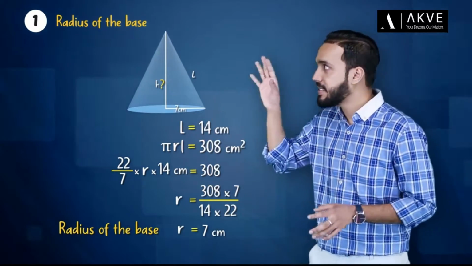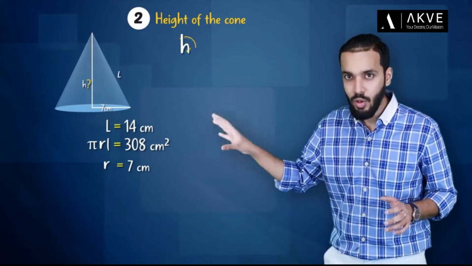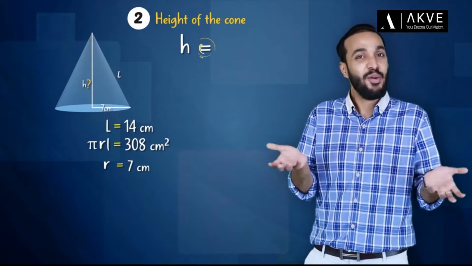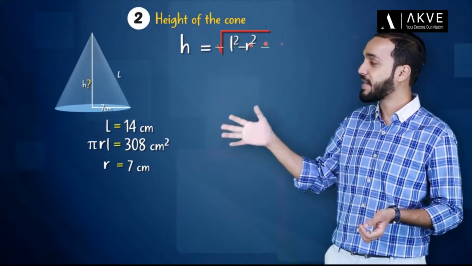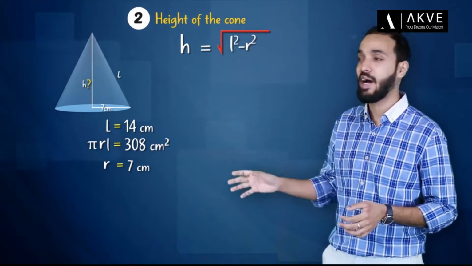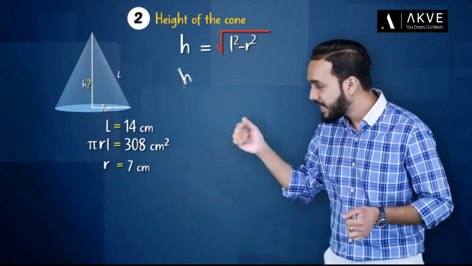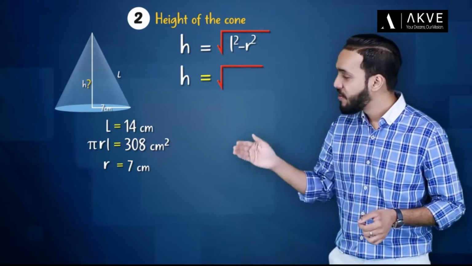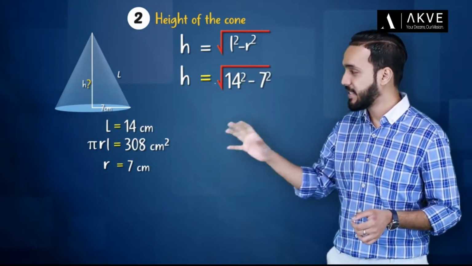Moving on to the next requirement, the height of the cone, say h, would of course be root over L squared minus r squared. So, on substituting the values of L and r here, we get h is equal to root over 14 squared minus 7 squared.